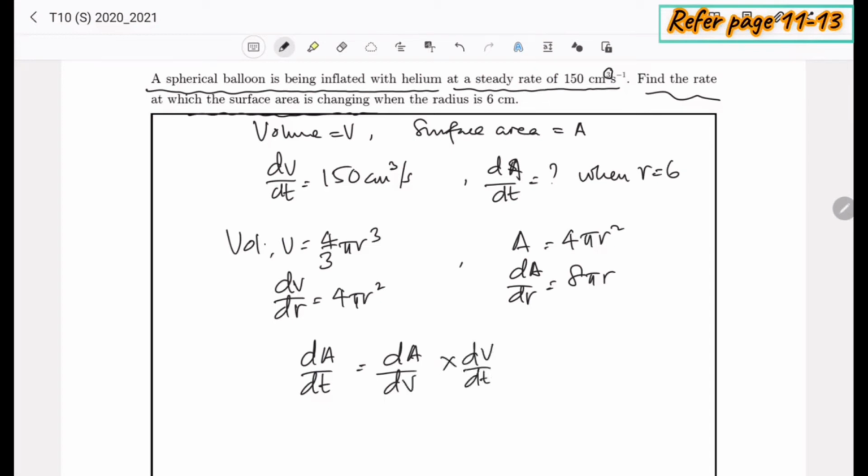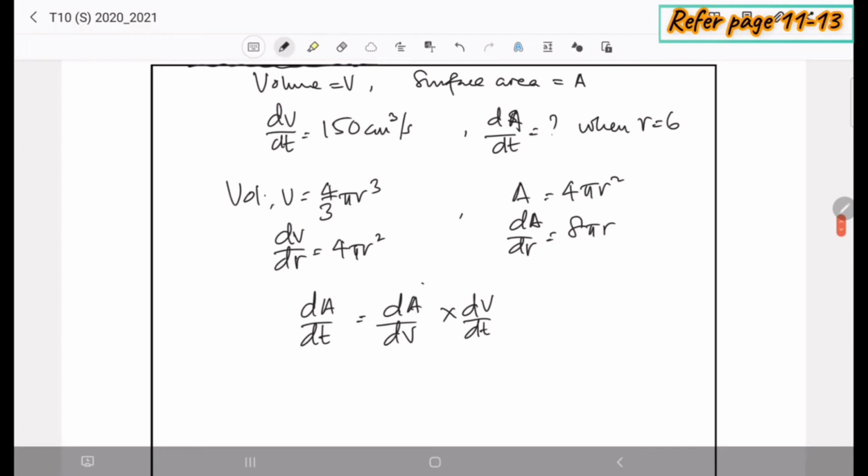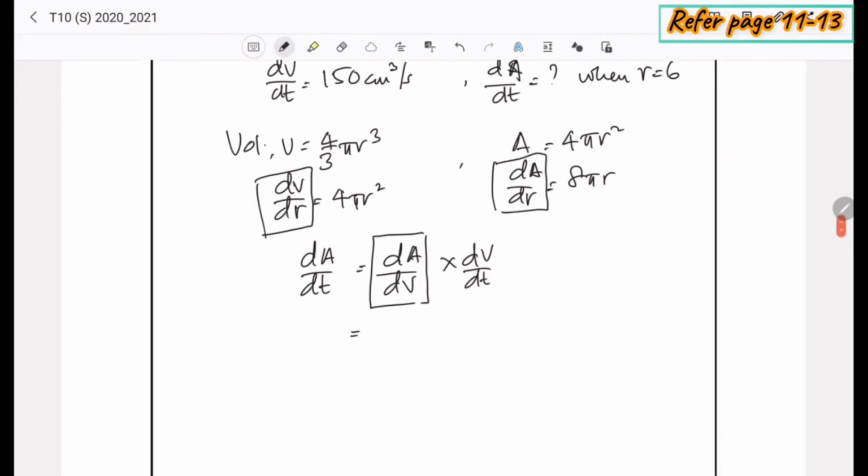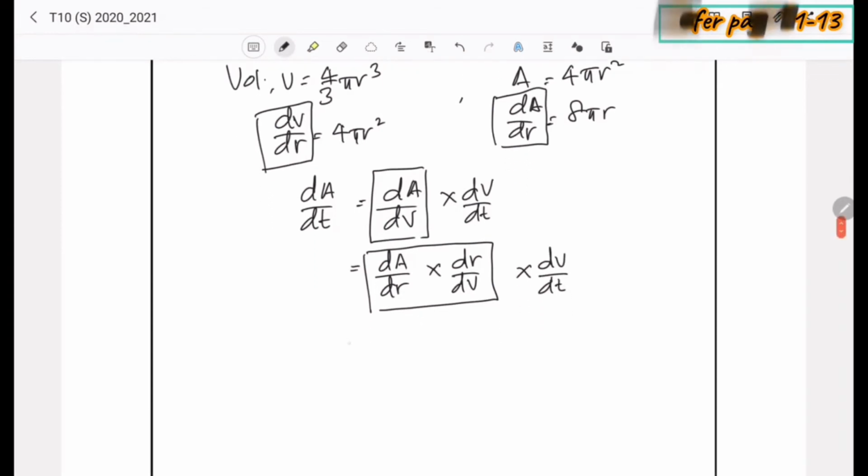So we need to use what's given. We are given dV/dt. Okay, but we don't have yet the dA/dV. But we can use dV/dr and dA/dr. So dA/dV, that will be dA/dr times dr/dV, times dV/dt. So let's substitute.